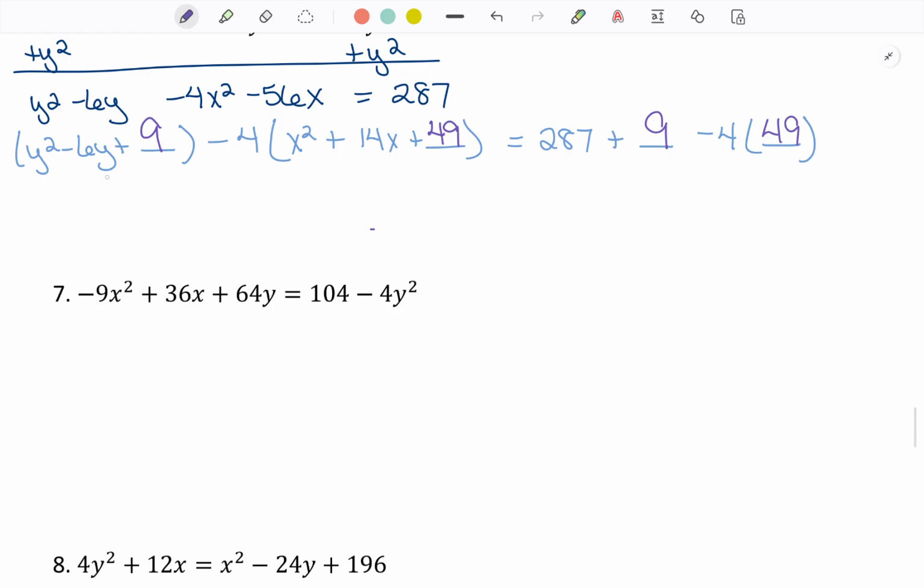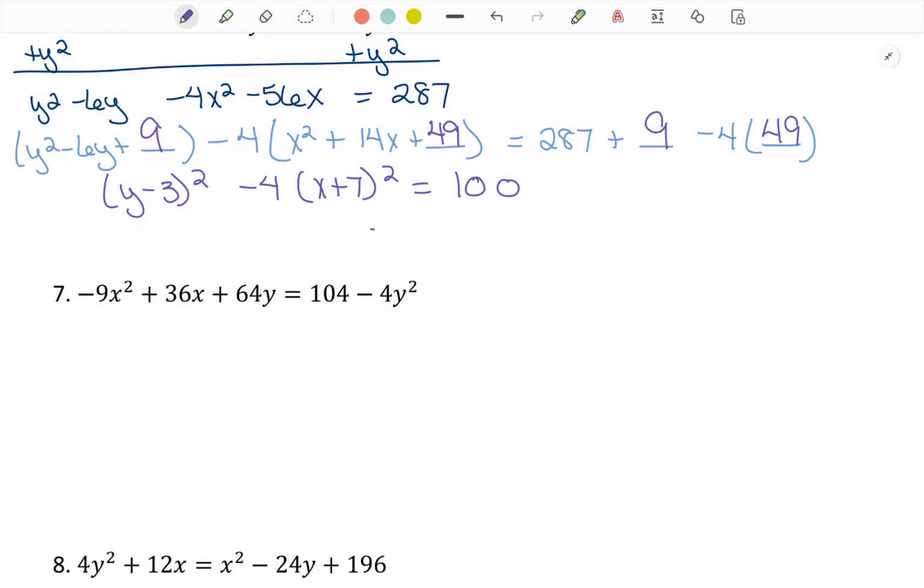And so when we factor, we have (y minus 3) squared minus 4 times (x plus 7) squared, and that equals just 100.